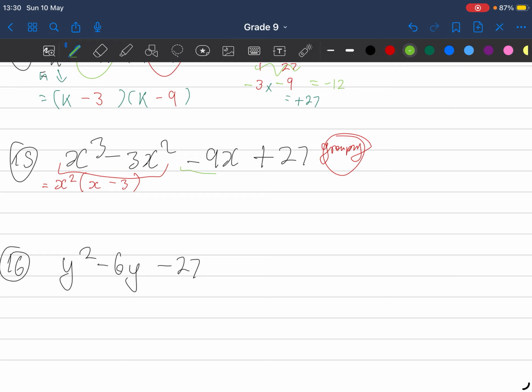In my second group, I can see a common factor of 9, but let's pull out a negative because our x here is a positive value and our x here is a negative value, so eventually we want it to be positive as well. So let's do that in the same step. Minus 9 brackets. Minus 9x divided by minus 9 is x. Positive 27 divided by minus 9 is minus 3.